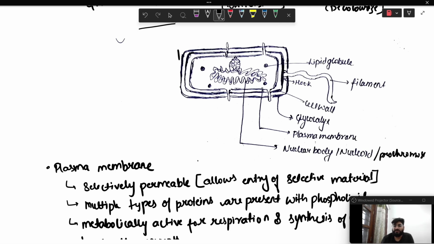Then we have the plasma membrane inside, and outside we have the cell wall. After that there is a glycocalyx. It can be a capsule or a slime layer depending upon the composition. Then outside this is also a mucilaginous covering.